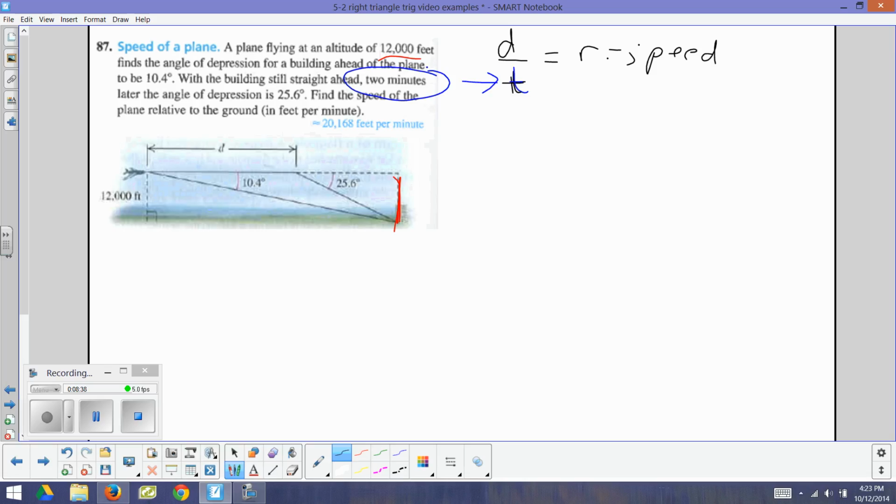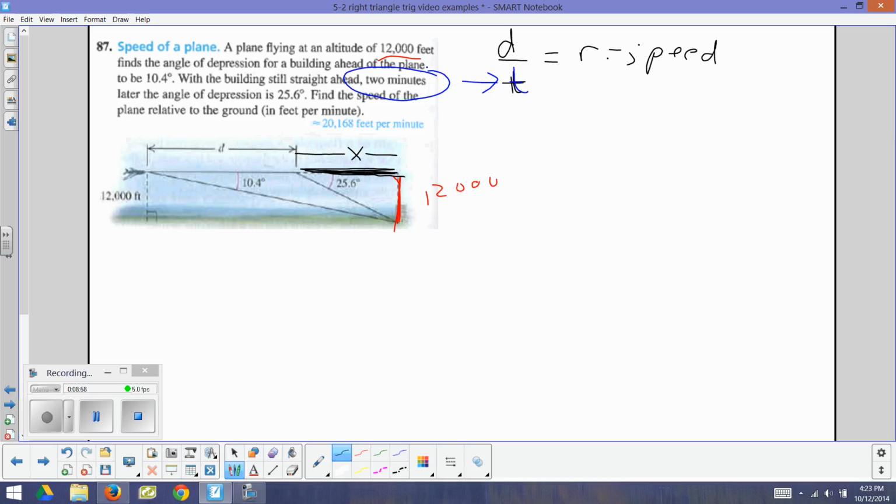I have two triangles. I have a small triangle, which there's an adjacent side there. I'm going to just call that x. That distance is x. I have an opposite side, 12,000. So let me write an equation there.